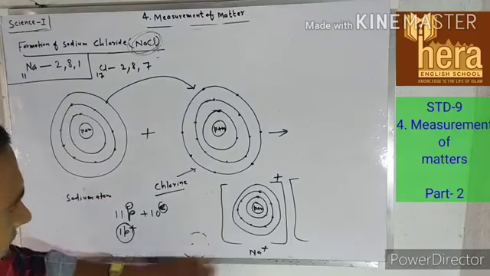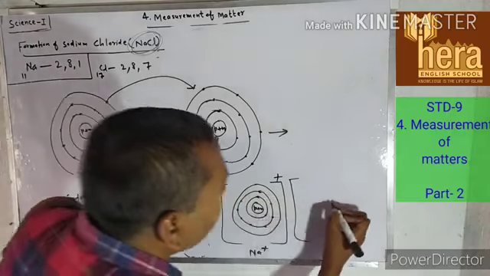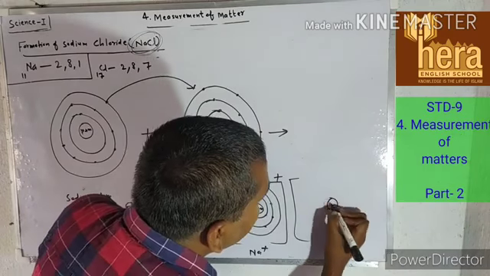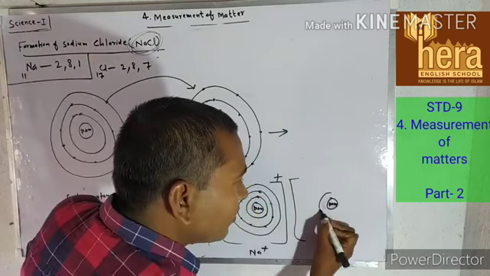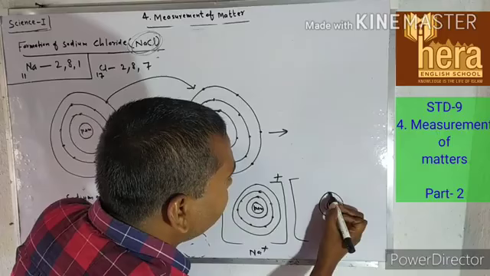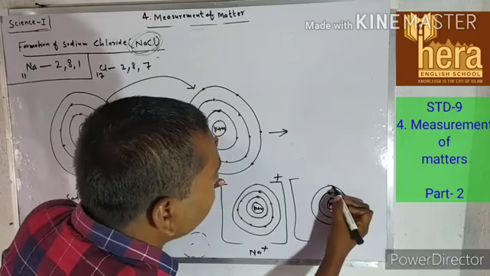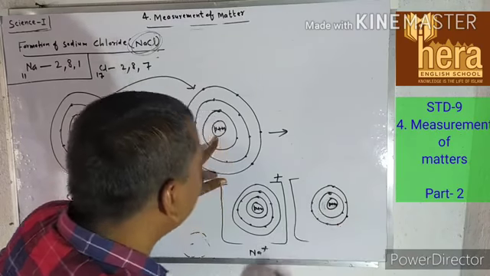Okay. Now chlorine. In case of chlorine, again there are protons and neutrons. This is the nucleus, protons plus neutrons. First orbit 2 electrons, 1, 2. Second orbit 8 electrons, 1, 2, 3, 4, 5, 6, 7, 8.